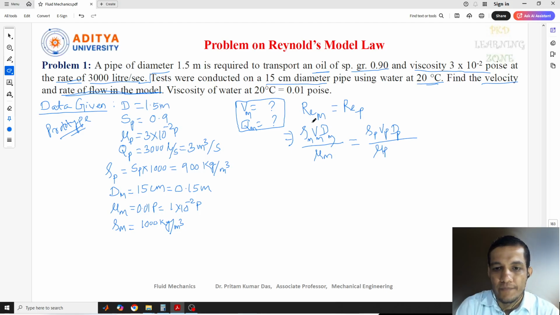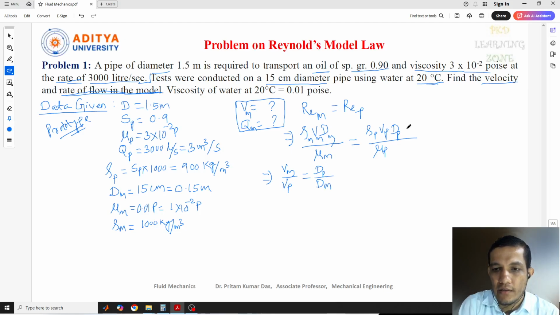Now we can segregate these terms: Vm by Vp equals dP by dm.